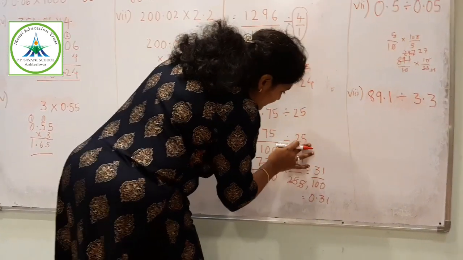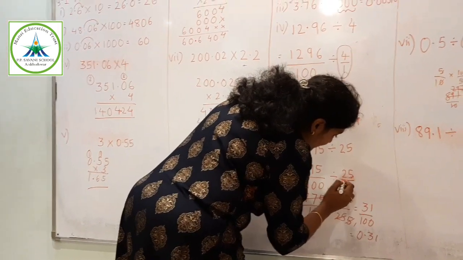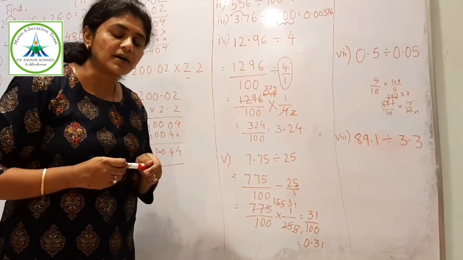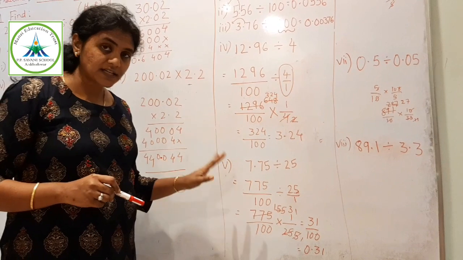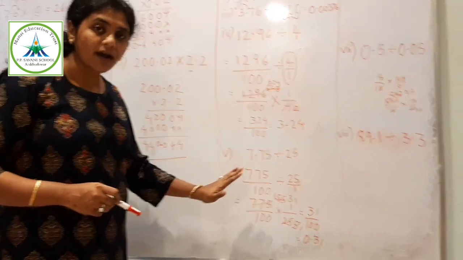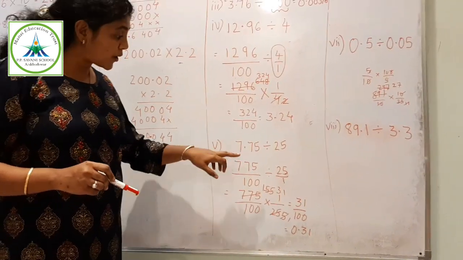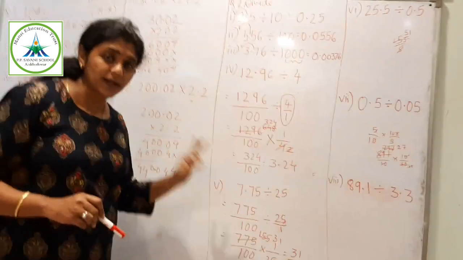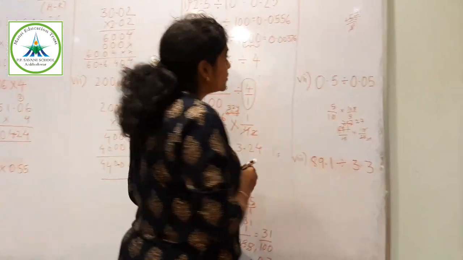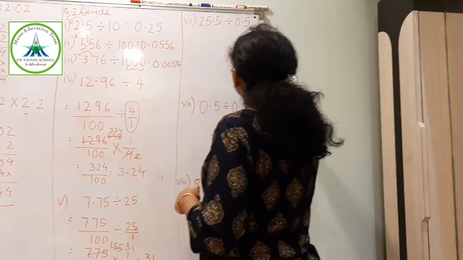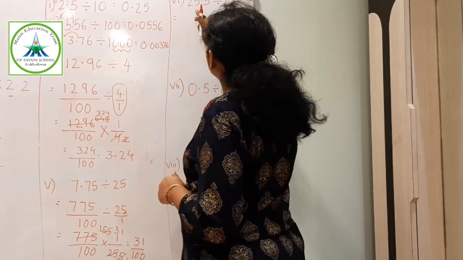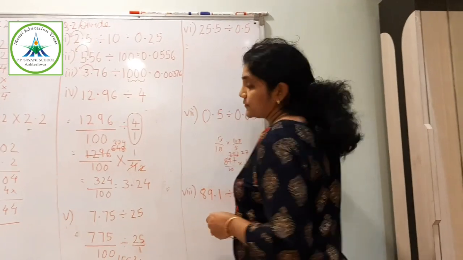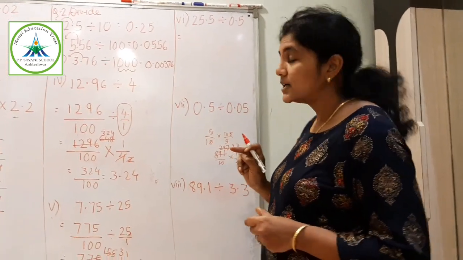So whenever there is decimal division, always represent the decimal number using a fraction. Divide by 10, divide by 100. That depends upon where your decimal point is, at what place. Now, next is 25.5 divided by 0.5. Yes.